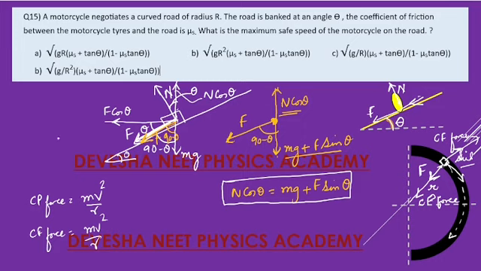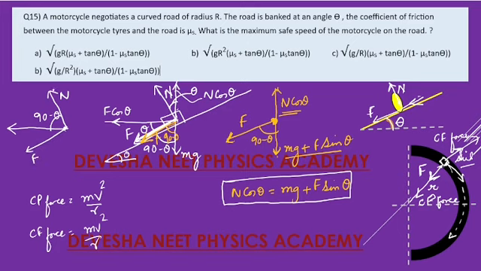Now let's take the horizontal component. So we said that this is n, this is 90 minus theta, and this is f.